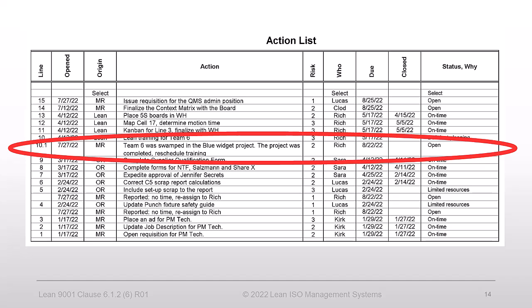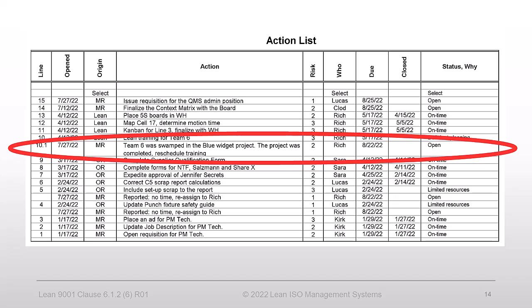To do so, we could create line 10.1 under line 10 that explains why the action was late, who is the new owner, and what is the new target completion date. Continuing this approach, we may reassign the action if necessary, creating records 10.2, 10.3, etc.